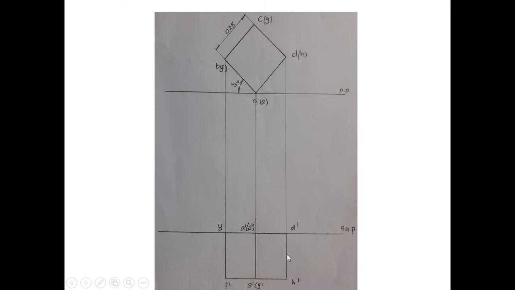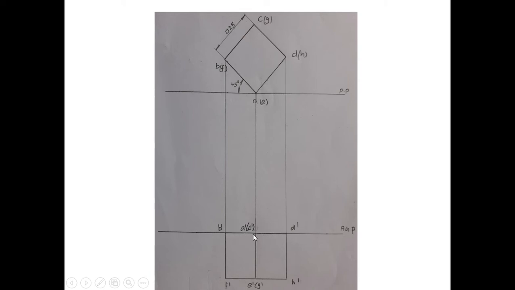That means the front view of the object will be below like this. Here A, B, C, D are the top points, and E, F, G, H are the bottom points. So you can see here in the front view, A, B, C, D will be the points marked.